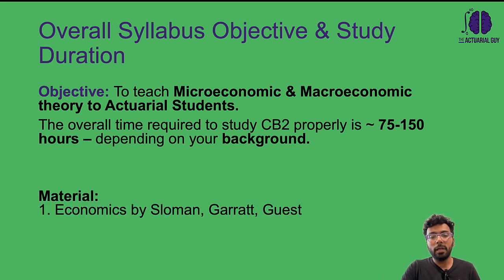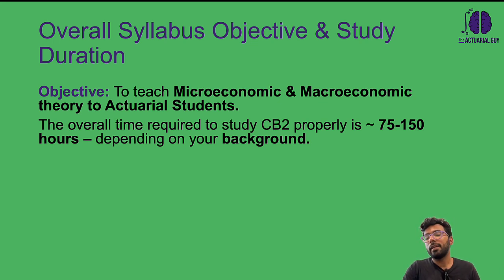Now, in terms of the material, for most IFOA exams, the combined material pack that IFOA gives is usually enough, the Acted combined material pack. But in case of CB2, the combined material pack is almost completely useless, except for the questions that it offers. The combined material pack actually refers to two books.